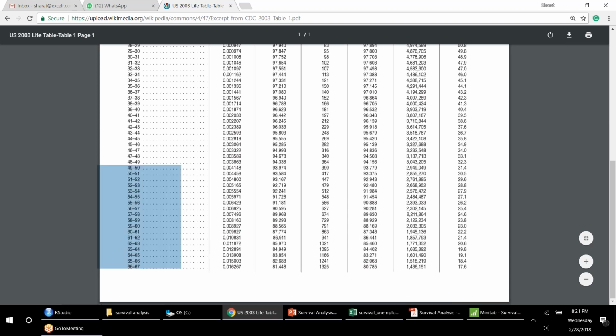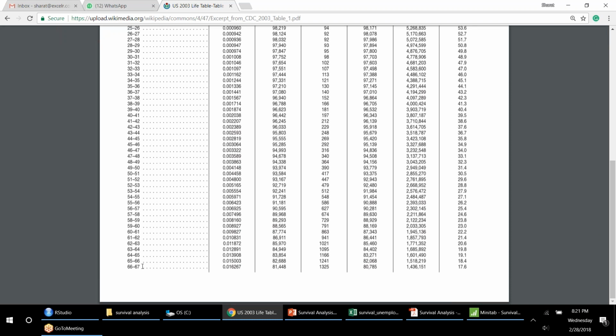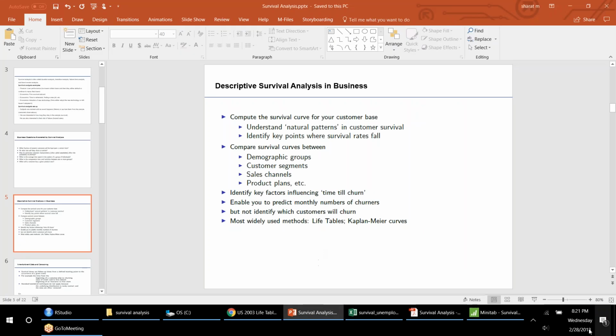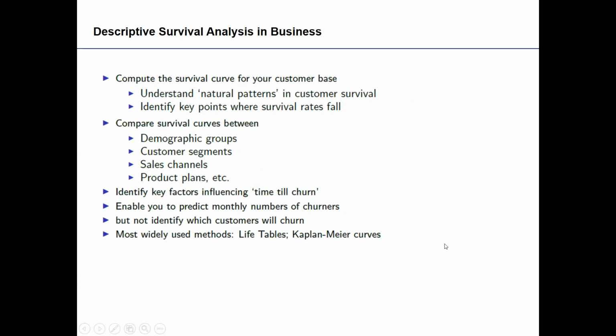If the survival rate is very high for ages 60 to 67, that means the death rate is very low in this age group. So there is less risk, and I can offer the insurance premium at a low cost. These are a few examples.